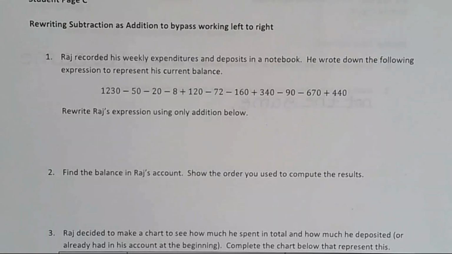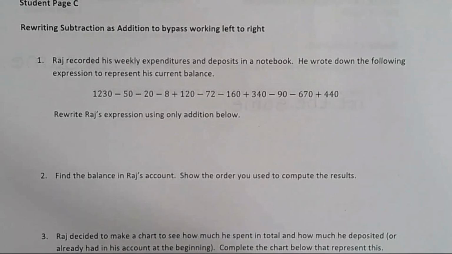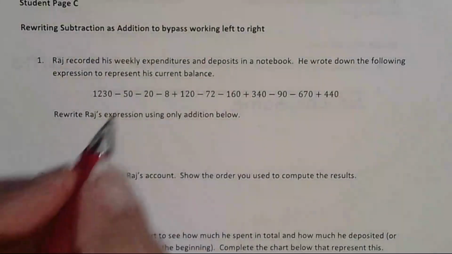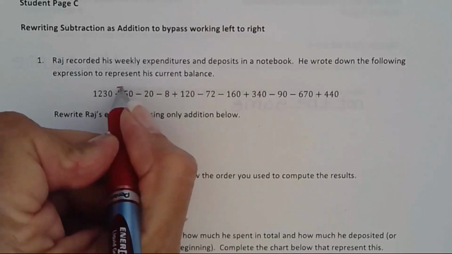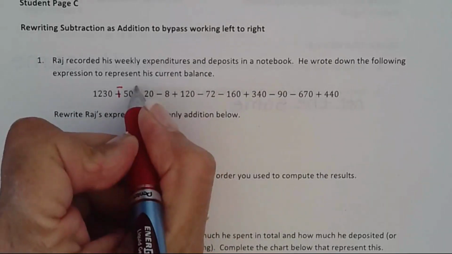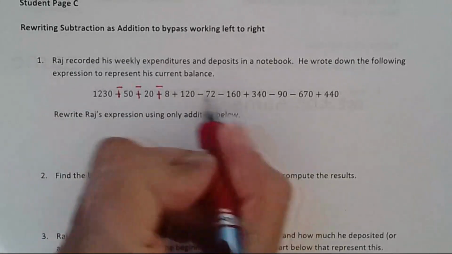And this is where we have to do what we did back in section 1.2. Add the opposite. Every time you see subtraction, add the opposite, and that turns it into addition. So add the opposite, add the opposite, add the opposite. Already addition, so it's good to go.